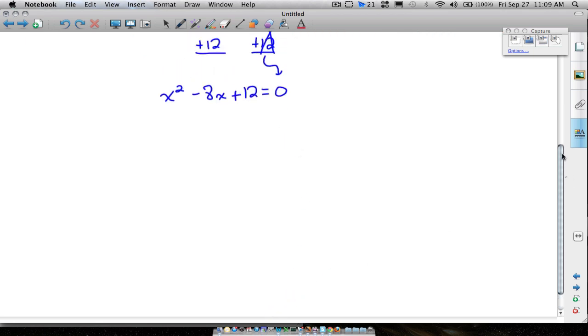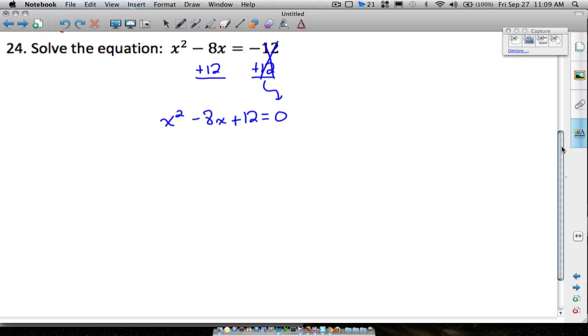One of the most common ways to solve a quadratic, there's several techniques. The one that I'm going to do here, hey, this thing probably factors. The product is going to be 12. The sum is going to be negative 8. If you take a negative 6 times a negative 2, that gives you the positive 12. And if you take negative 6 plus a negative 2, that gives you the negative 8.